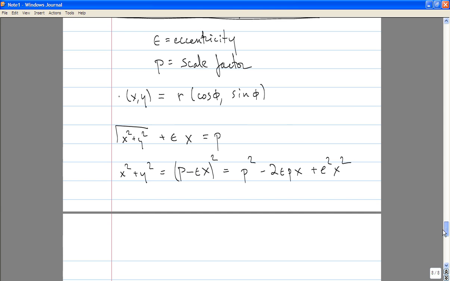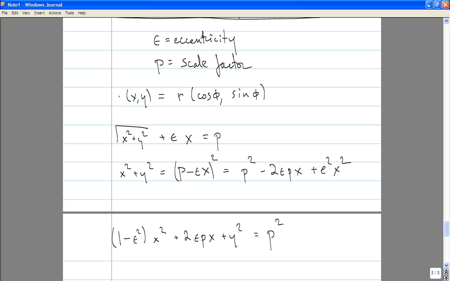Or just rearranging things a little bit, (1 minus epsilon squared) x squared plus 2 epsilon p x plus y squared is equal to p squared. So we have a quadratic expression in x and y equal to a constant.